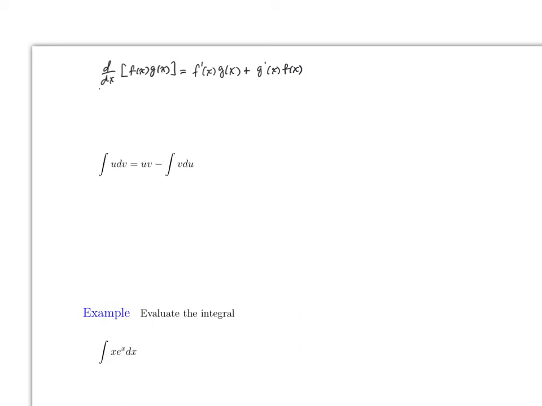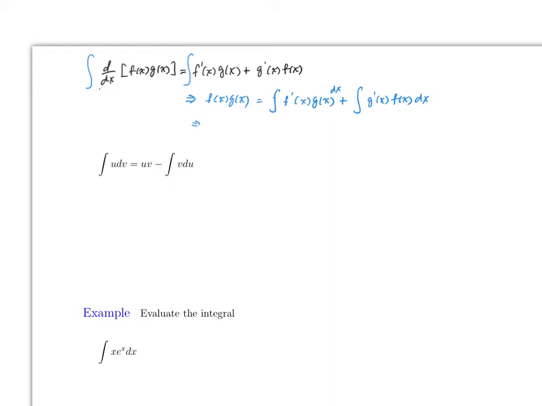So if we take the antiderivative on both sides, we end up with f of x times g of x, because these two cancel each other out, equals the integral of f prime of x times g of x plus the integral of g prime of x f of x, and all of these have to have a dx.